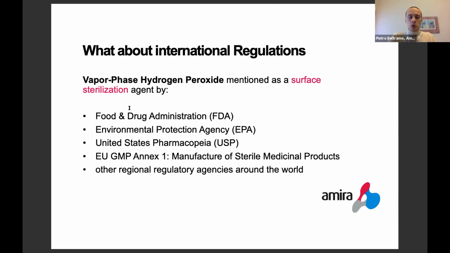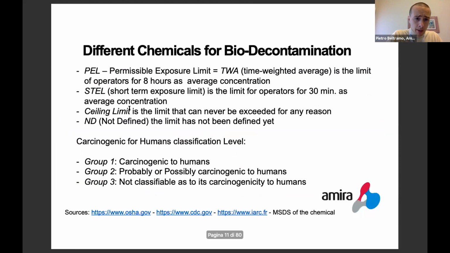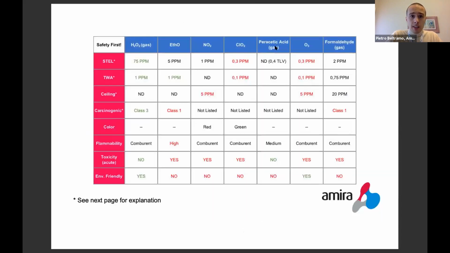So that's important because sometimes, you know, we come back to this slide, sometimes H2O2 is not the right molecule. This doesn't depend on liquid or gas, but on the H2O2 itself.